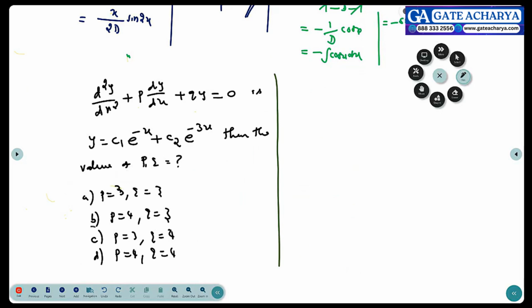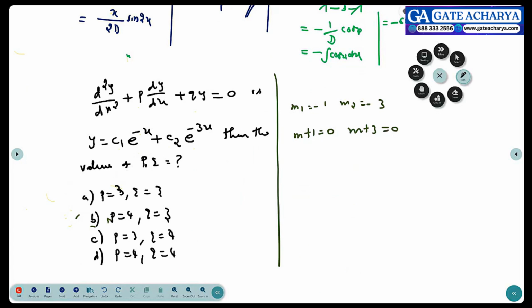The solution is c1 e power minus x plus c2 e power minus 3x. So m1 is minus 1, m2 is minus 3. The roots are real and distinct. So take m plus 1 is equal to 0, m plus 3 is equal to 0.